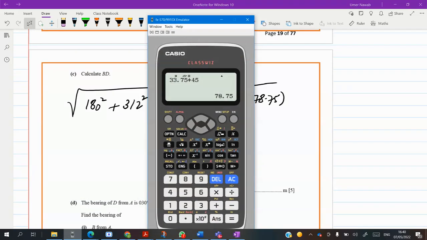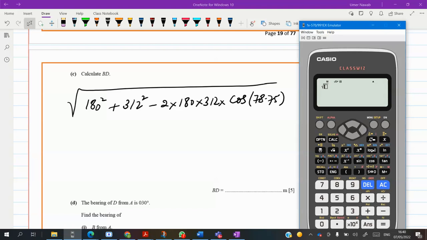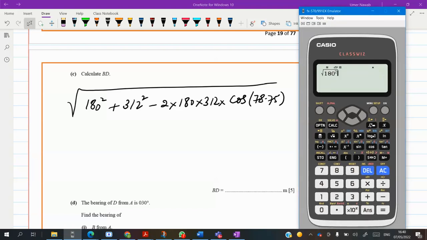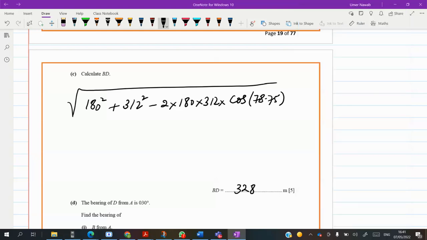It has 5 marks. Square root of 180 squared plus 312 squared minus 2 times 180 times 312 times cosine of 78.75, and bracket close. We get the answer 328.3 or 328. You can write it.